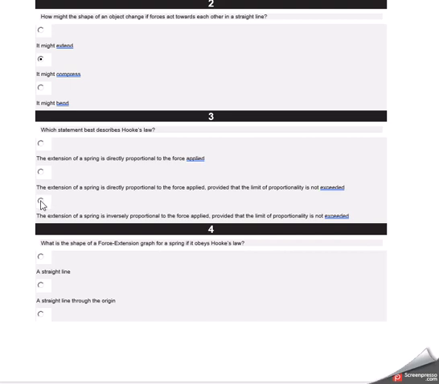So extension of spring is directly proportional to the force applied, provided that the limit of proportionality is not exceeded. And then the other one, extension of spring is inversely proportional to the force applied, provided that the limit of proportionality is not exceeded. So that's directly proportional with this one.